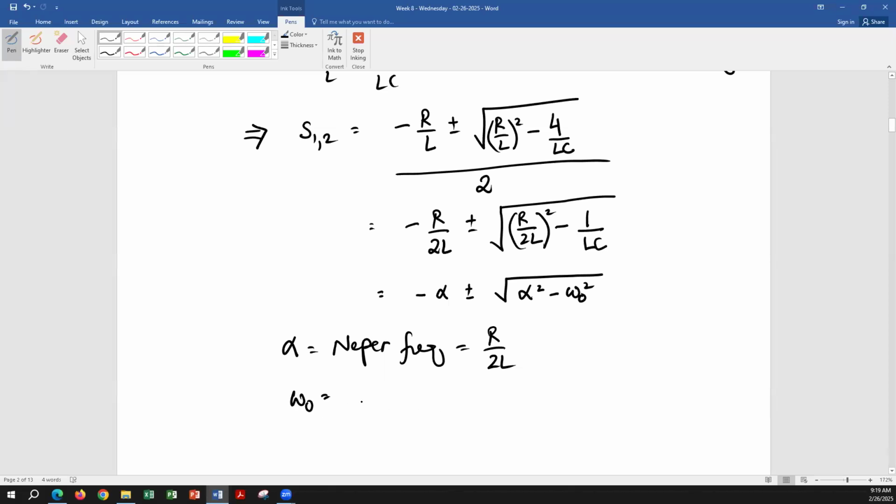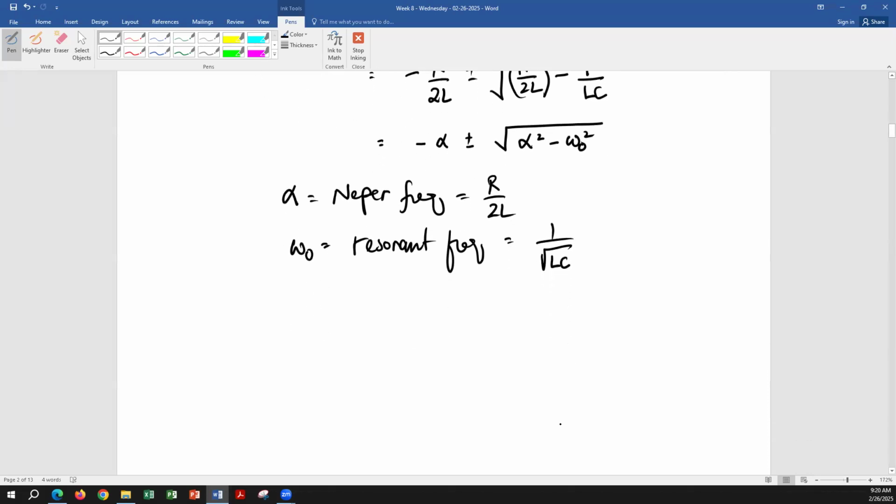Omega naught is the resonant frequency, and it is the same equation: 1 over square root of LC. We have again three damping types.